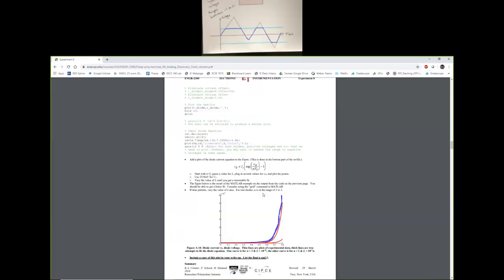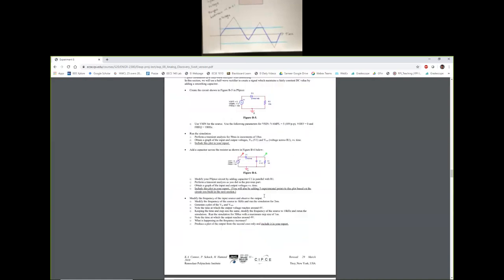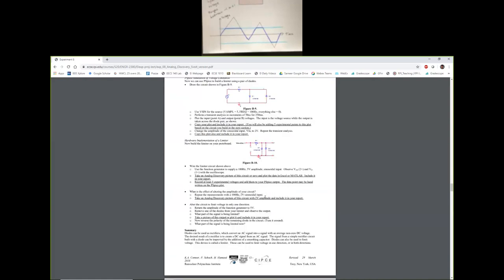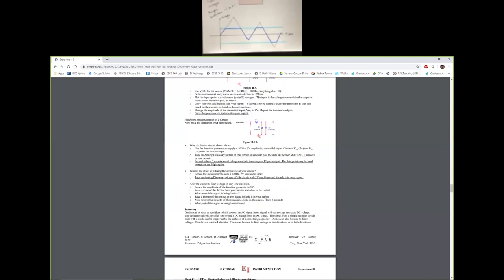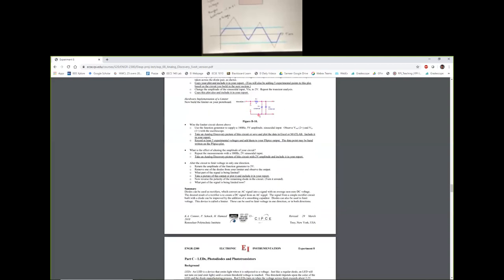Go down in my experiment write-up and take a look at the limiter discussion, which is on page 13 of the experiment write-up.